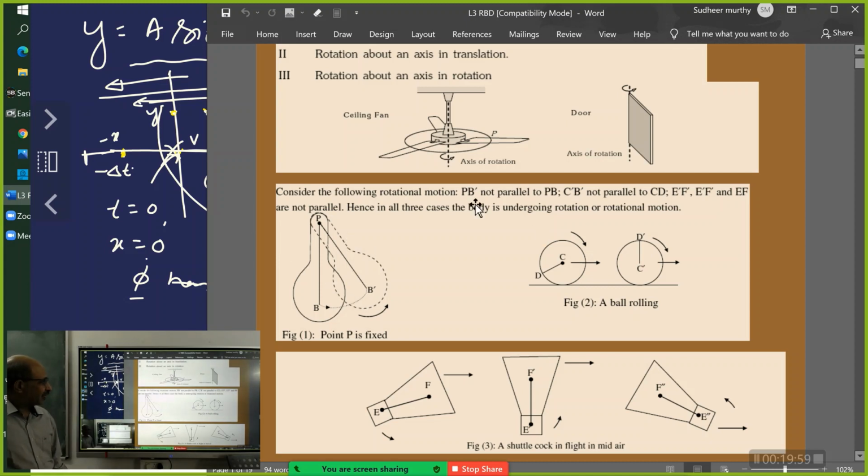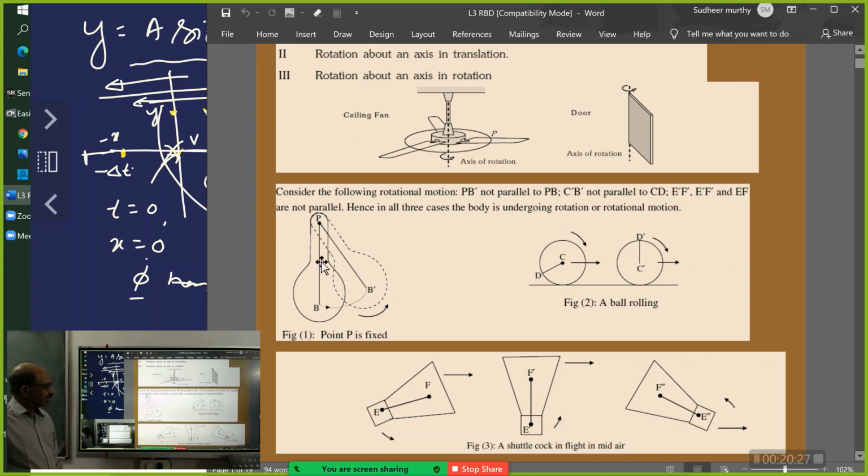Here we see it is rotational because PB is not parallel to PB dash. That is yesterday's discussion. We have drawn an arbitrary line, and we have also created a reference direction.